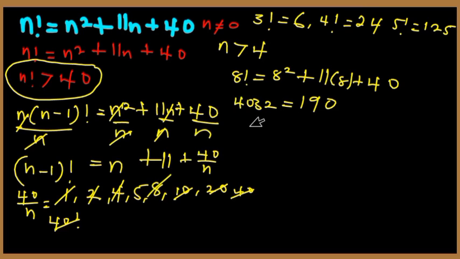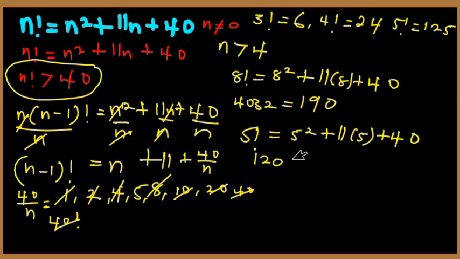Now let's consider 5. 5 factorial equals 5 squared plus 11 times 5 plus 40. So now 5 factorial is 120, and 5 squared plus 11 times 5 plus 40 gives us 120.